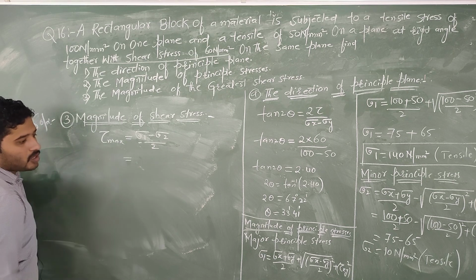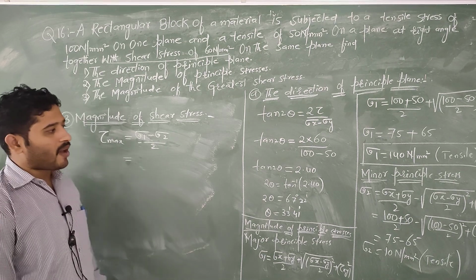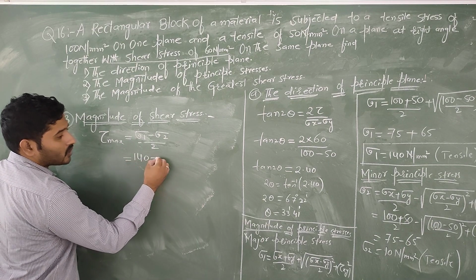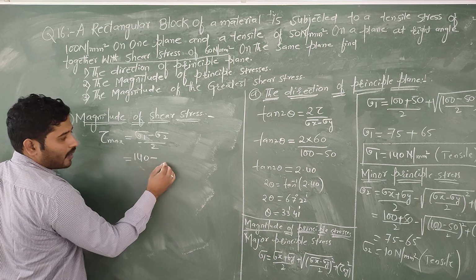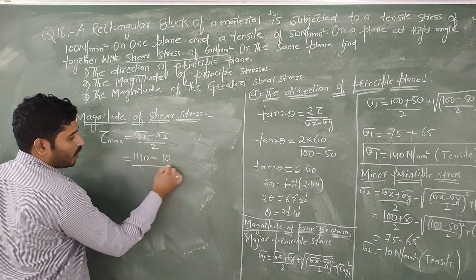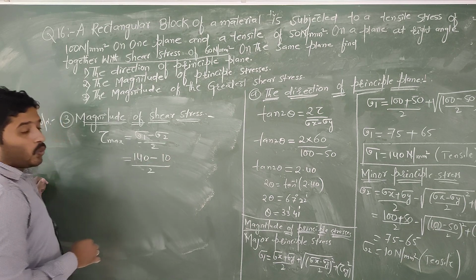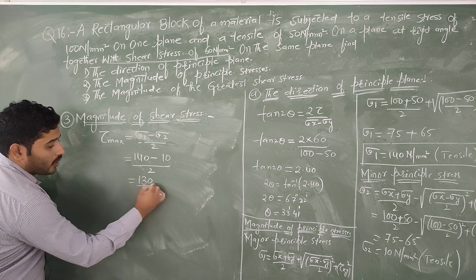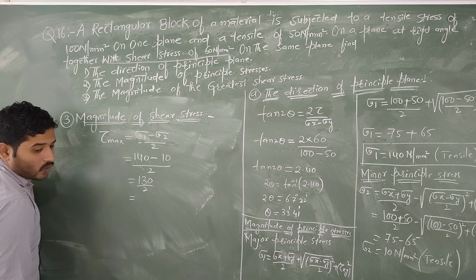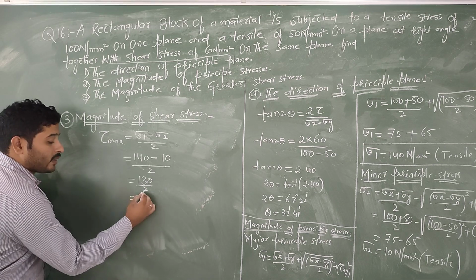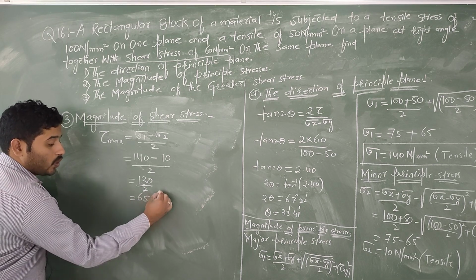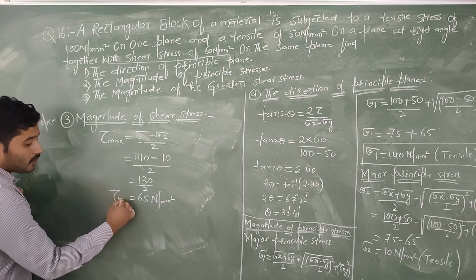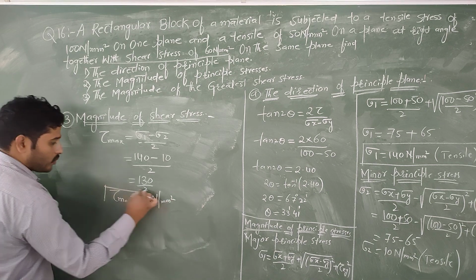The maximum principal stress is 140, sigma 2 is 10. 140 minus 10 is 130, by 2 you get 65 Newton per mm square. That is the value of the maximum shear stress.